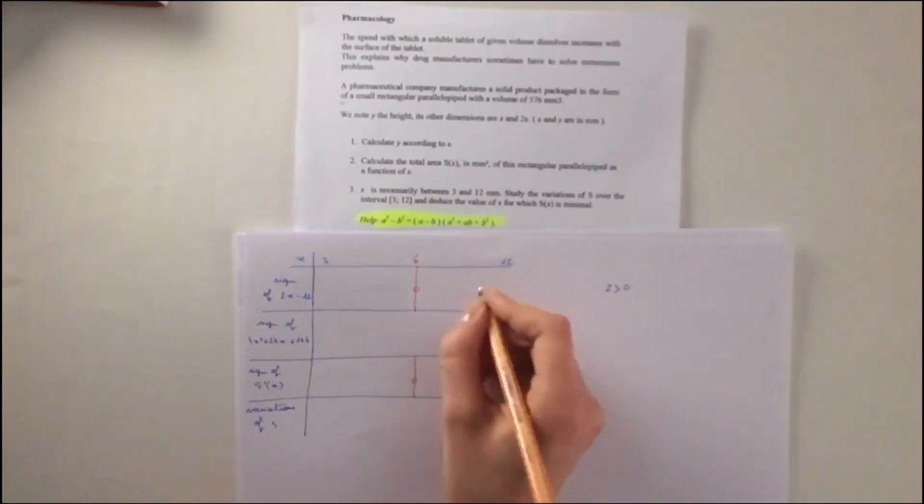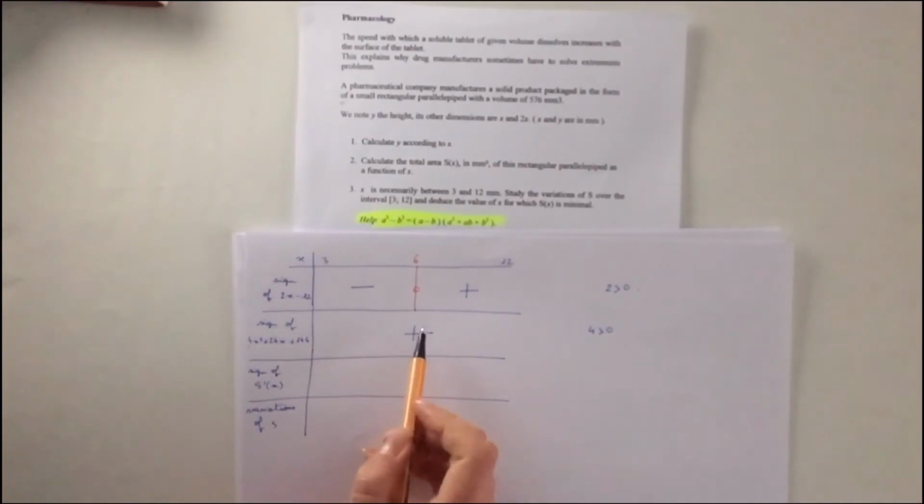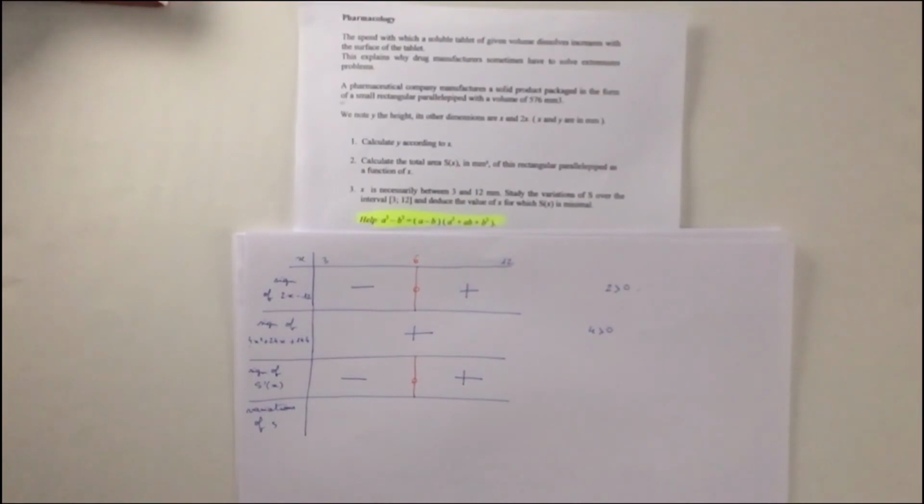2 is greater than 0, so there is plus to the right and minus to the left. 4 is greater than 0, so it's plus, and that gives us minus and then plus. So S decreases and then increases.